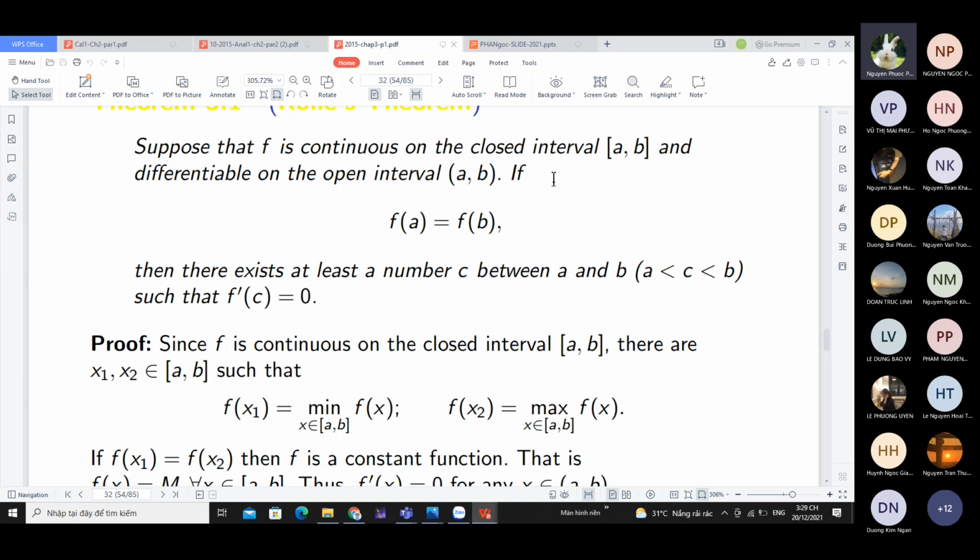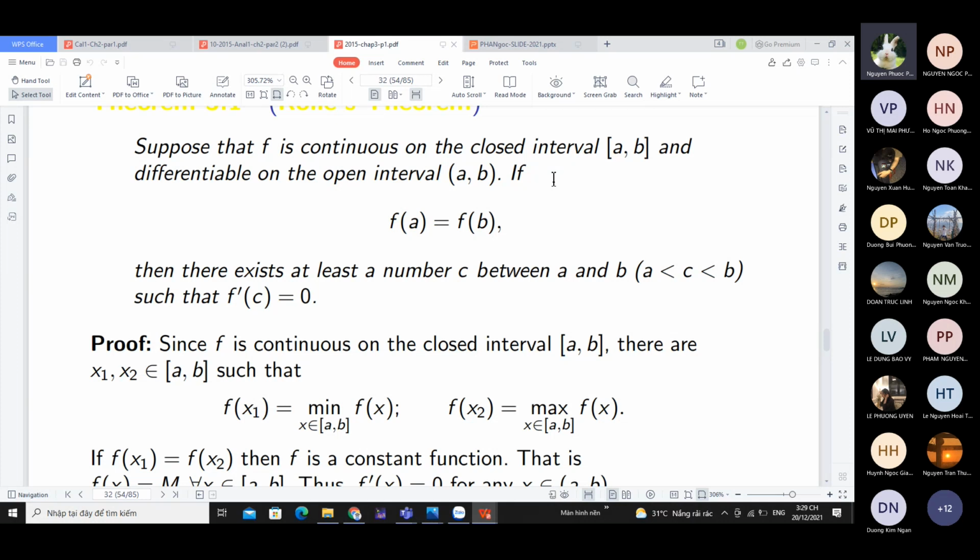This means that there are two numbers, x1 and x2, in the closed interval AB, so that f(x1) is the minimum value of the function f on the closed interval AB, and f(x2) is the maximum value, because the function f is continuous on the closed interval AB.